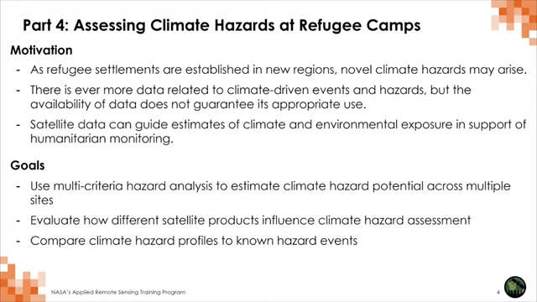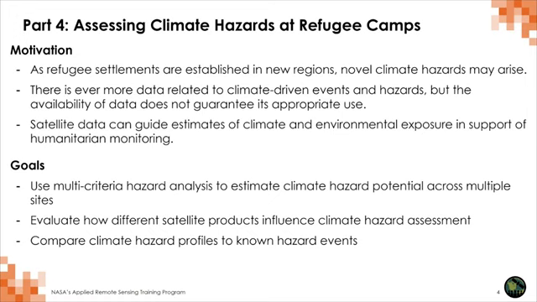We have a lot of new data, of course, from satellites and other sources to study climate-driven events and hazards, but that data doesn't always mean it's going to be used appropriately or effectively, and it may not be used at all.